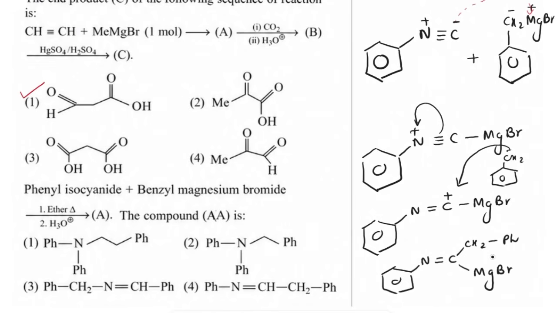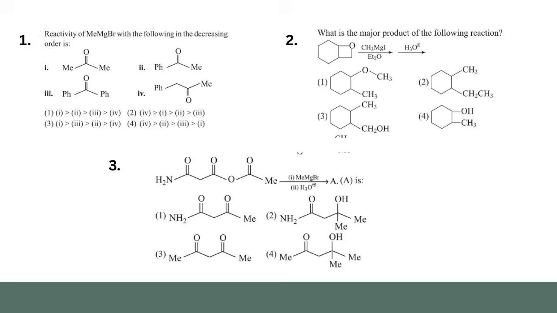And when it is hydrolyzed, we always replace MgBr by H. So you just write down the H here like this. And check where do we have it? Phenyl, nitrogen, double bond, then CH2Ph. Nothing but the fourth option.